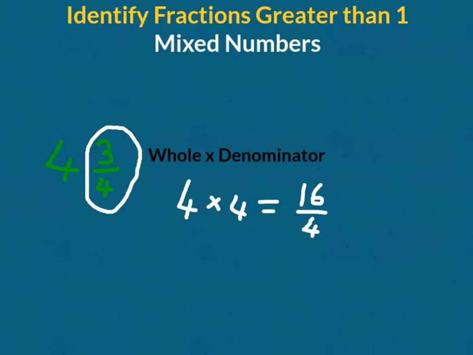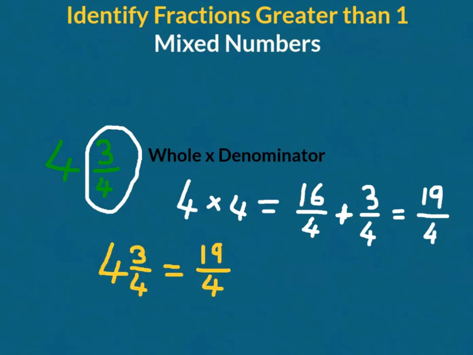So 16 quarters plus 3/4 will give us 19 parts of 4. We can say the mixed number 4 3/4 is equivalent to the improper fraction 19 parts of 4, 19 quarters. That finishes our roundup of fractions, part 1.